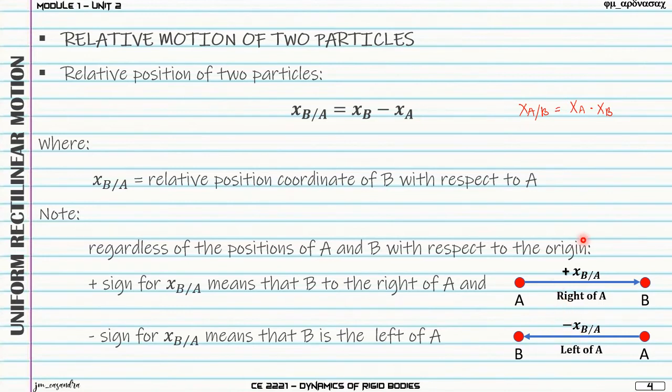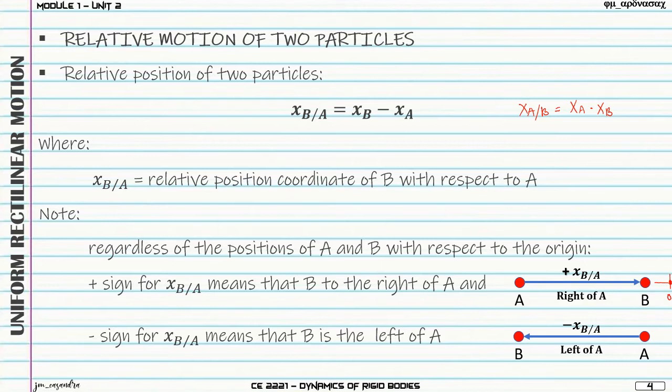Okay? Ibig lang sabihin niyan, kahit na, kunwari, ito yung origin natin. This is our point of origin. So kahit nandito ka sa may left side ng origin, kung yung B is at the right side, it will still be a positive XB with respect to A. Okay?